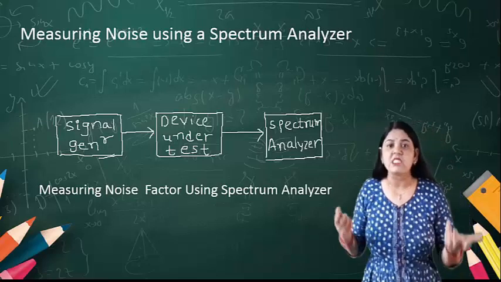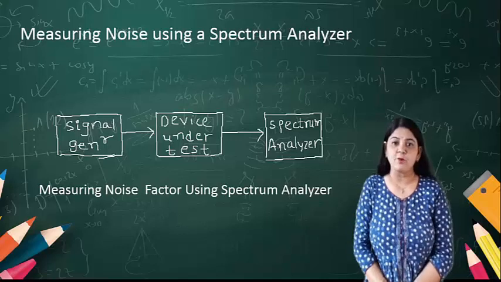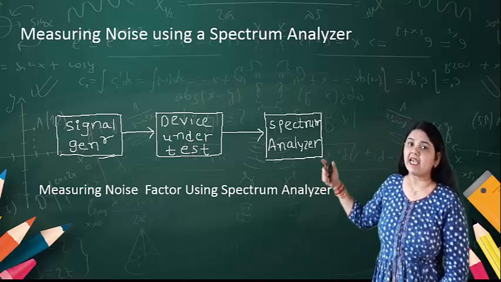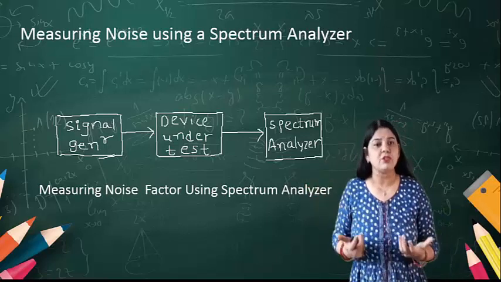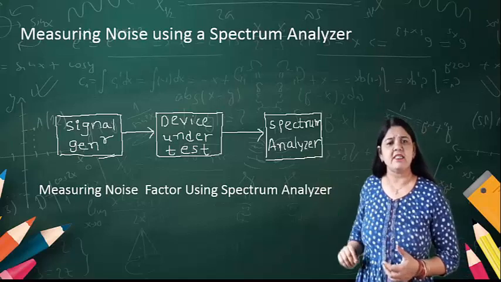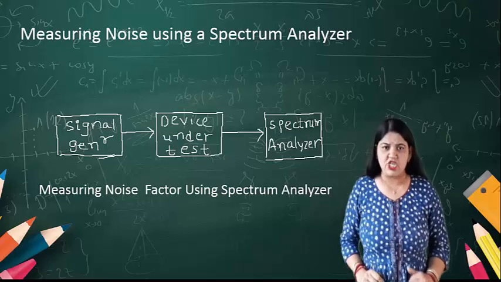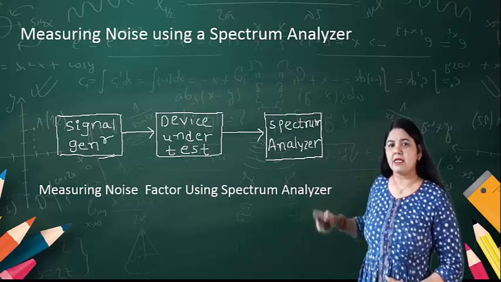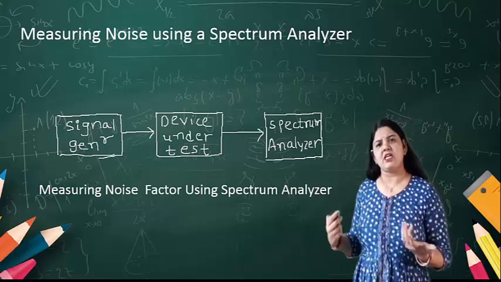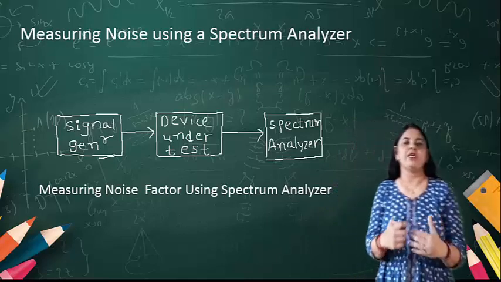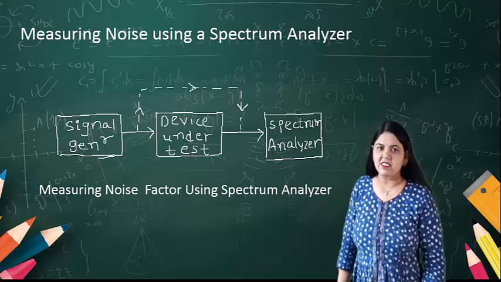The device for which you want to measure the noise is the device under test, placed between the signal generator and the spectrum analyzer. The signal generator generates the signal, and accordingly we measure the output on the spectrum analyzer.